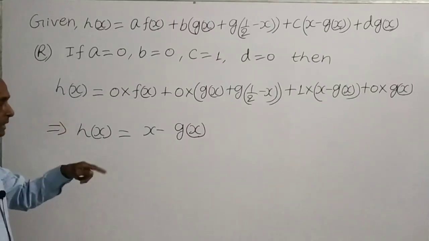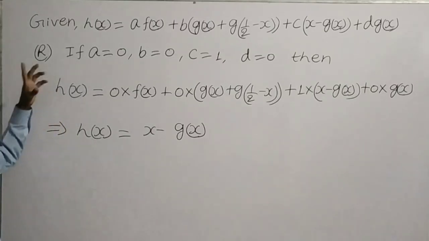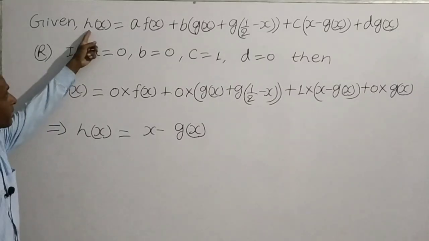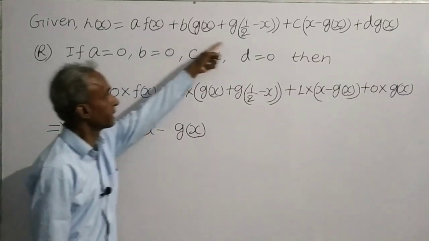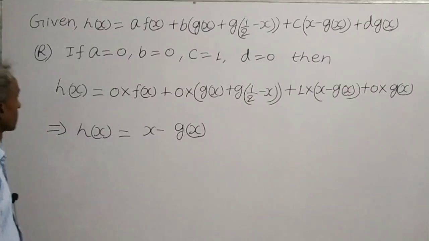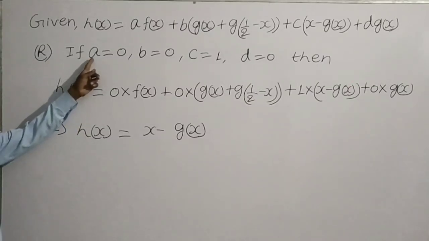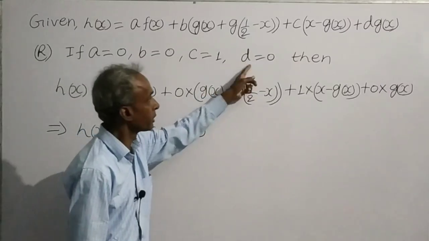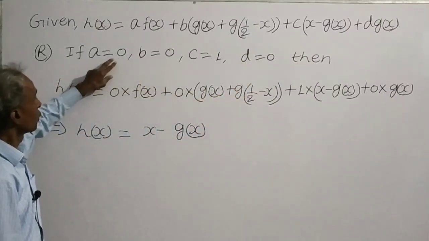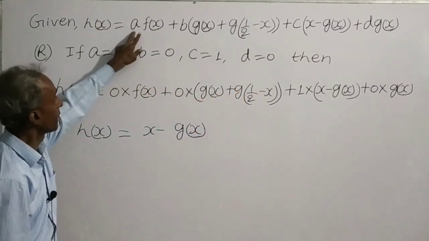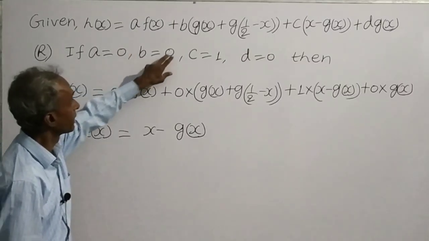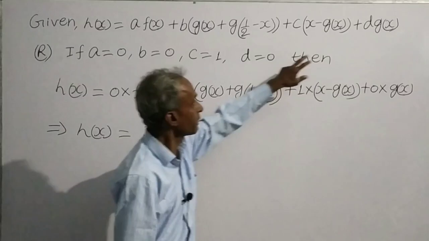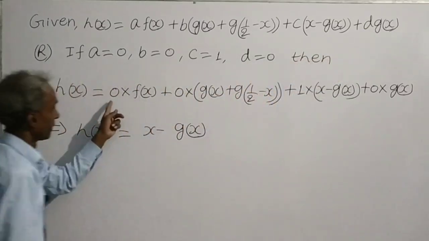Now we consider entry R. Since in the question it is given that h(x) is equal to this, when a equals 0, b equals 0, c equals 0, d equals 0, we put these values in place of a, b, c and d here.